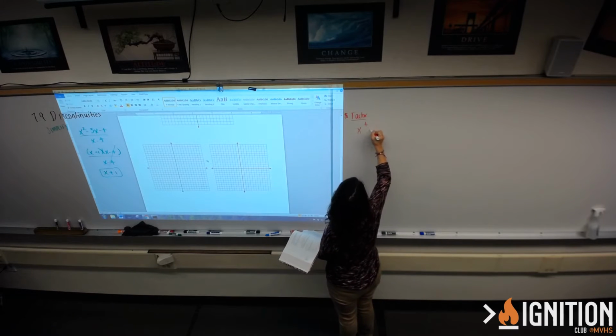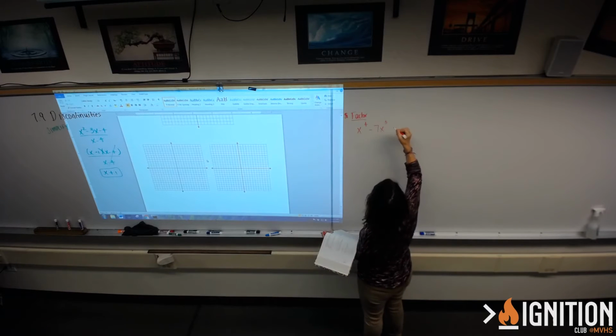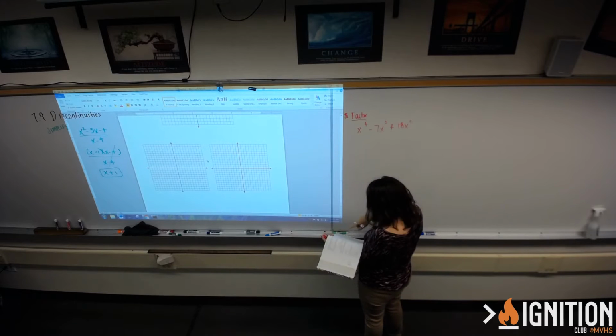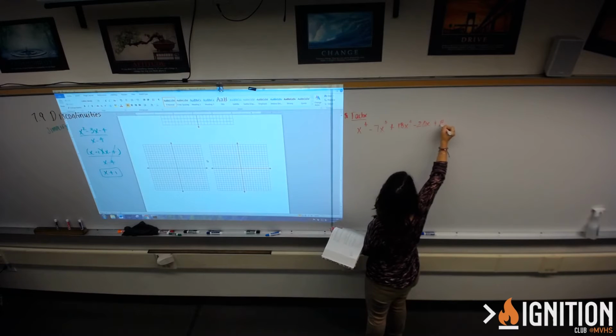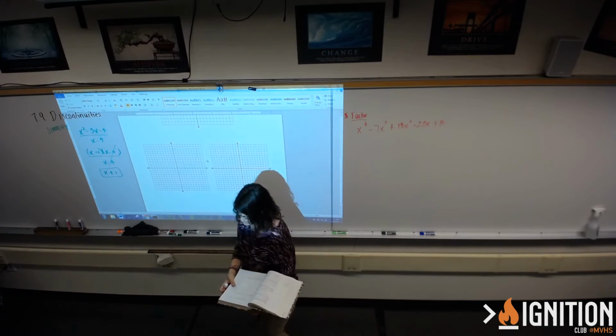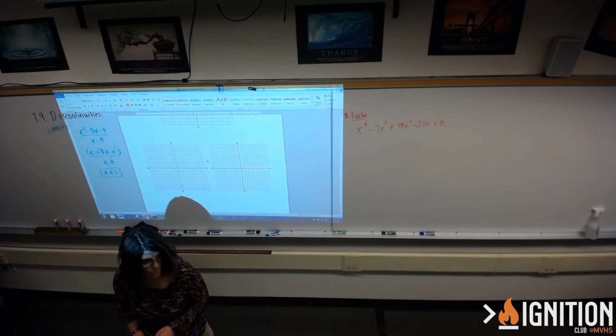The fourth minus 7x cubed. Let's make sure I write it down right. Plus 18x squared. Minus. All right, so you've done this before. This is a good example.